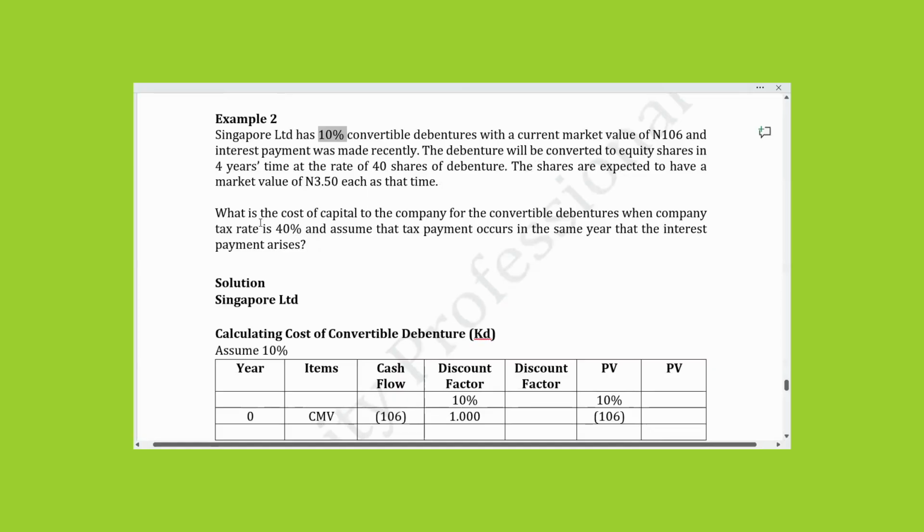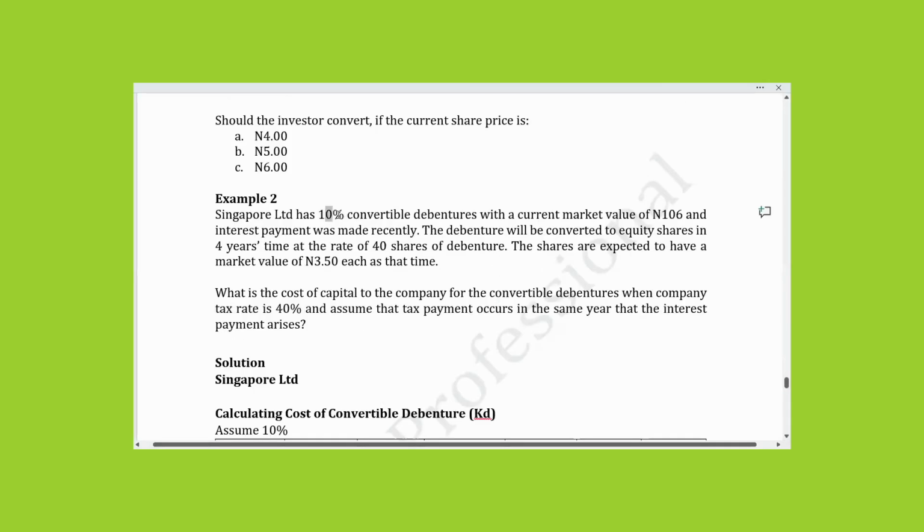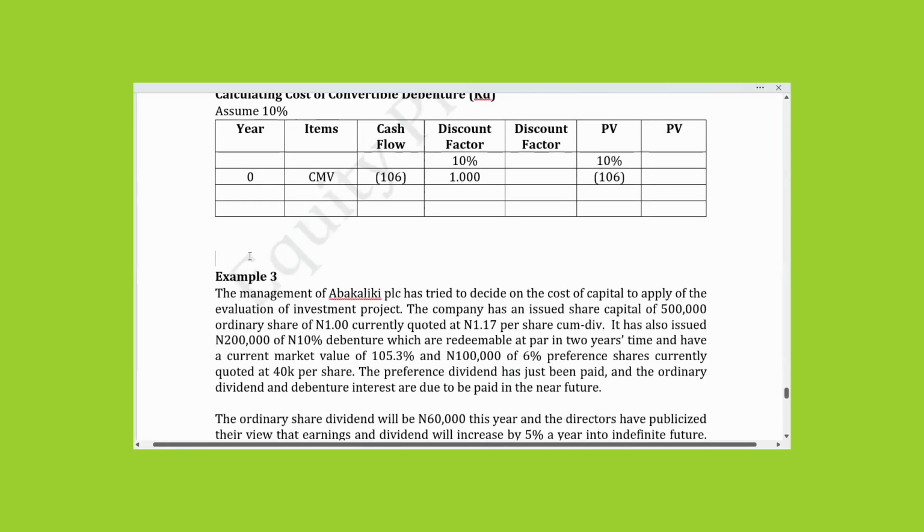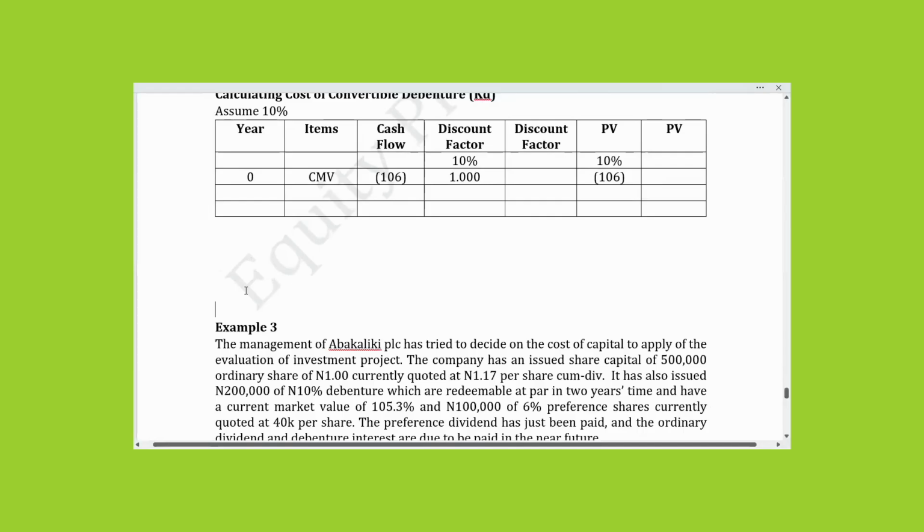However, you need to go further into the question and check if you are given company tax rates. Once you are given company tax rates, then you cannot use the interest rate that is given to you. You have to adjust for post-tax or after-tax interest. So in this case, we need to do our working for post-tax.